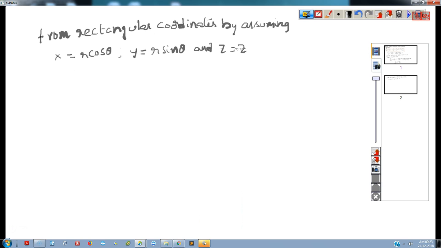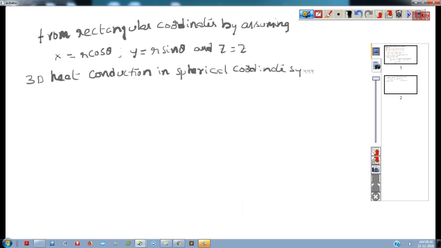Okay, now I'll go a little ahead by taking the case of 3D heat conduction in the spherical coordinate system. Okay, so I'll take this case now.